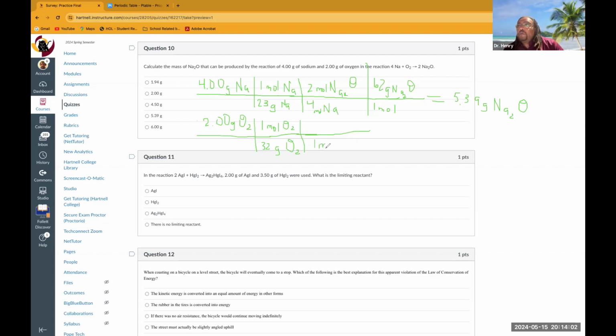For every 1 mole of O2, we have 2 moles sodium oxide. And then we can use that same value that we have up here. So for every 1 mole of sodium oxide, that is going to weigh 62 grams.